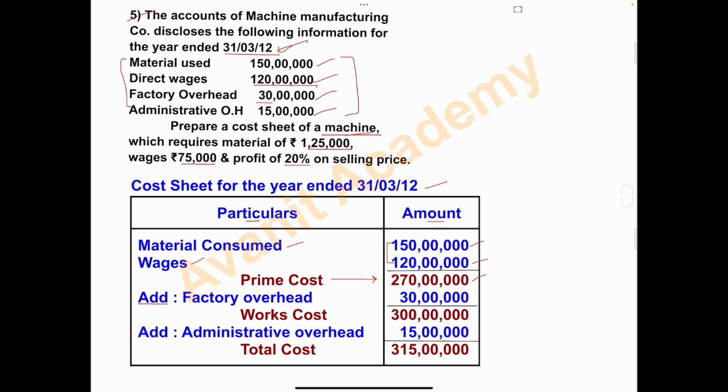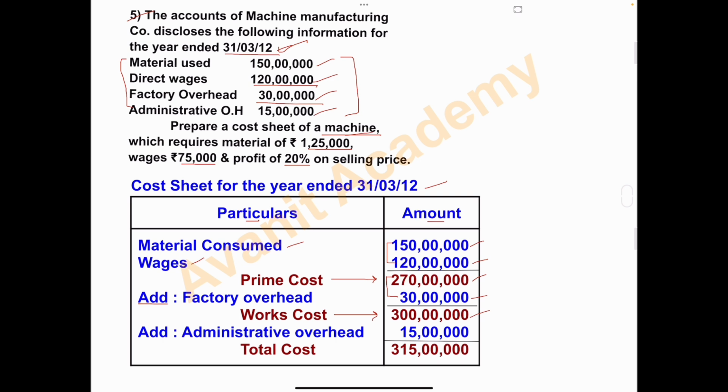Right here, factory overhead 30 lakhs. Add these two amounts, and the total will be 300 lakhs. This is called works cost. Only a single item is given in the problem. So write add factory overhead, take the amount, and the total of prime cost and factory overhead will be the works cost amount.